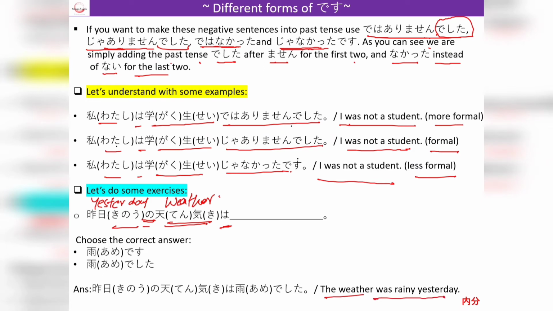And if we are talking about past, then what would be the correct answer? Ame desu or deshita? We have studied that deshita is our past positive, so our correct answer will be ame deshita, and the answer will be kino no tenki wa ame deshita. The weather was rainy yesterday.